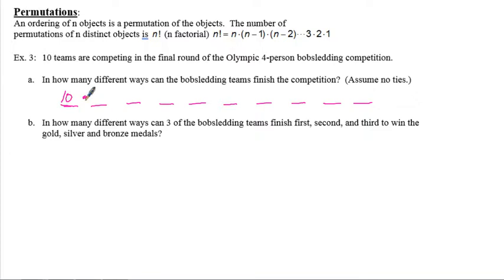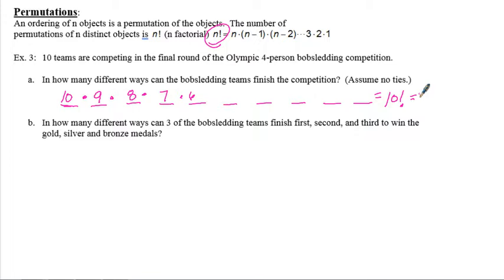But once that team is placed there, only 9 are left to take second place, and so on and so forth. When we decrement each spot by 1, 10 times 9 times 8 times 7 times 6 times 5, etc., this is called factorial. N factorial. So the answer to this question is 10 factorial.